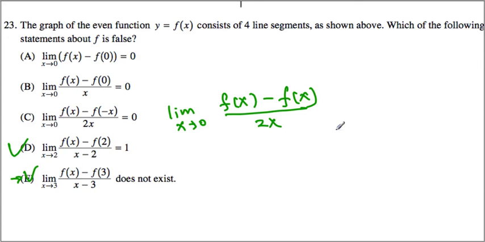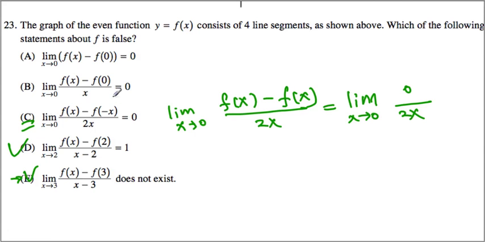The numerator is equal in value, so they cancel out. So this is as if I am having the limit as x approaches 0 of 0 over 2x. As x approaches 0, this will be already 0, in fact. So C seems to be correct.